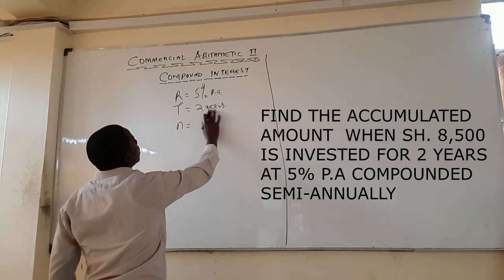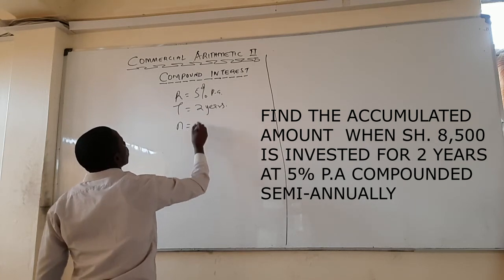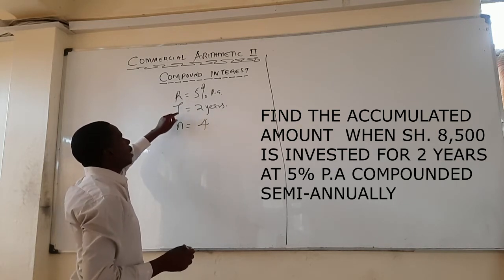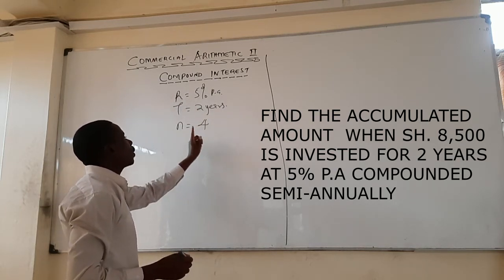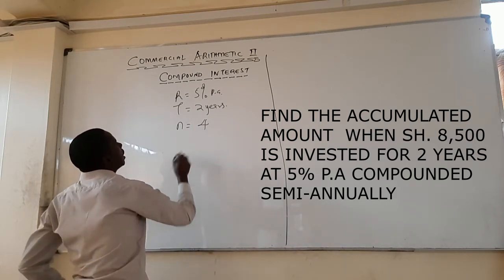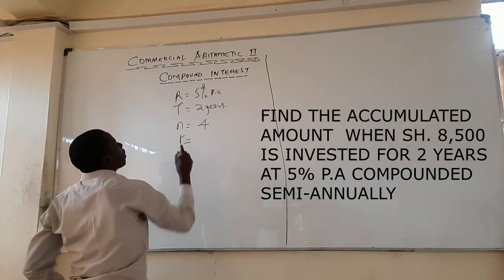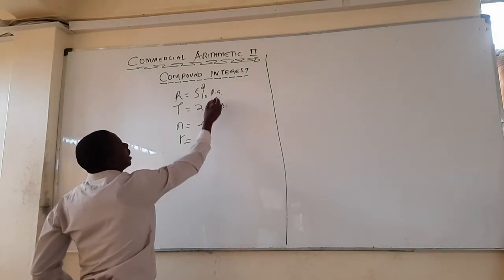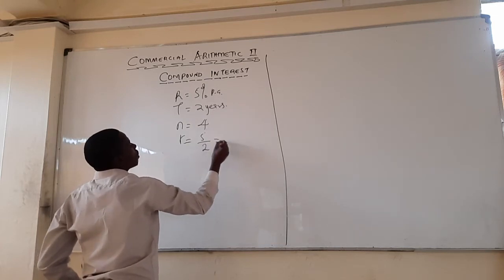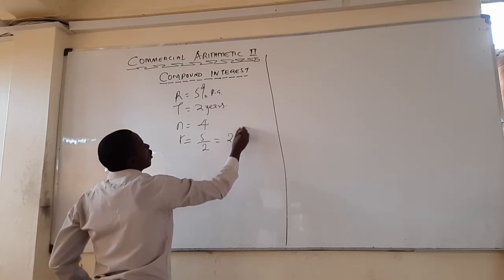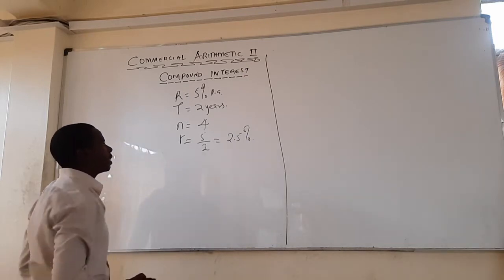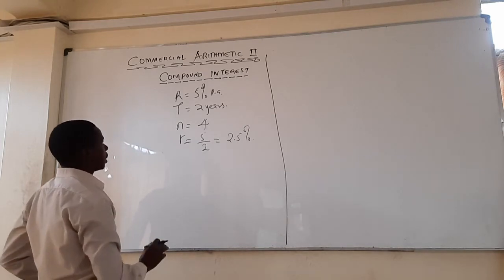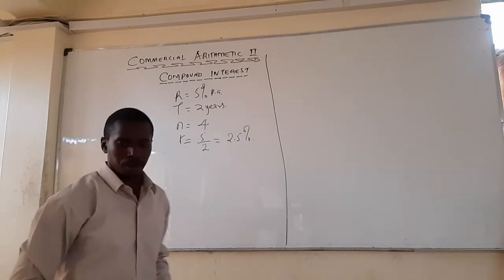So we are going to have 4 periods, because 1 year has 2, and 2 years are going to have 4 periods. And then our rate per period is going to be 5% divided by 2, we get 2.5% per period. That is semi-annual.